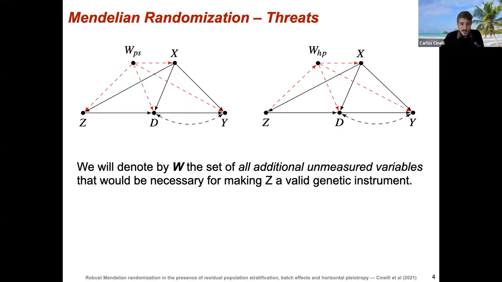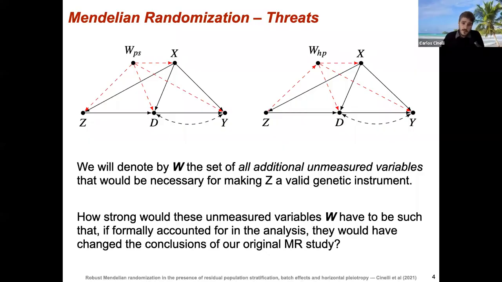And you could imagine W as, for example, instead of performing a principal component analysis to control for population structure, if you could hypothetically measure the true population indicators, then that would be your W for population structure. Or if you could block pleiotropy by measuring the specific channels through which the genes affect other traits.